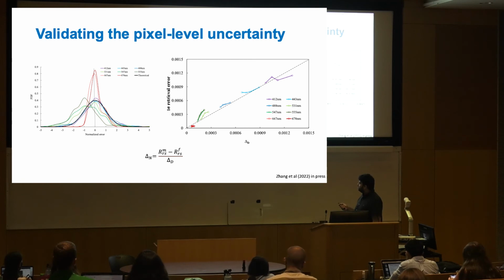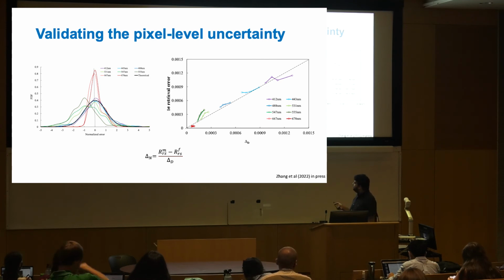If you remember, Andy said if you have this PDF centered around 0 with one standard deviation, that's the ideal case. This is what you want to see from the validation process. This analysis is done, I believe, at an open ocean site, I think it's MOBY, and we notice that our uncertainty estimates pretty much follow that shape.